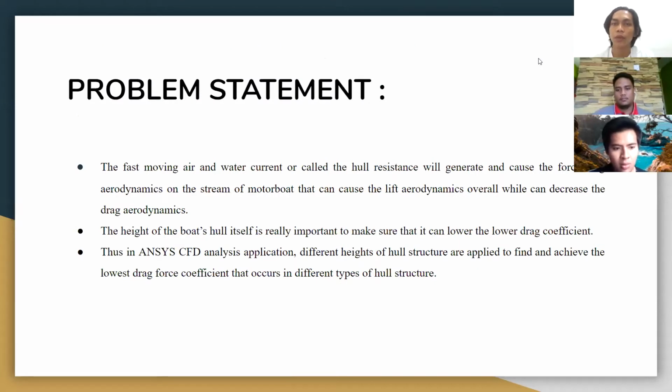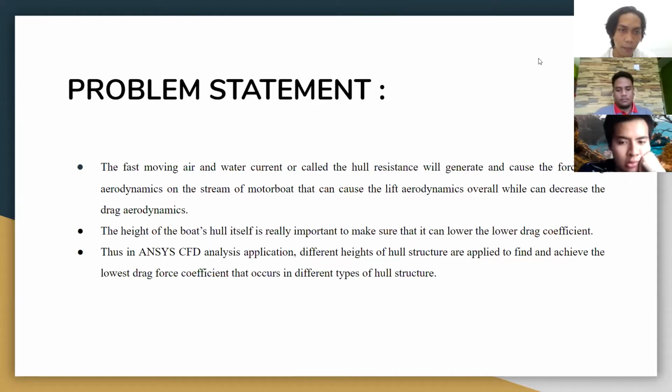The problem statement we found when doing this motorboat prototype is that the fast moving air and water current, or the hull resistance, will generate and cause drag force on the stream of the motorboat, which can cause overall lift while decreasing the drag.